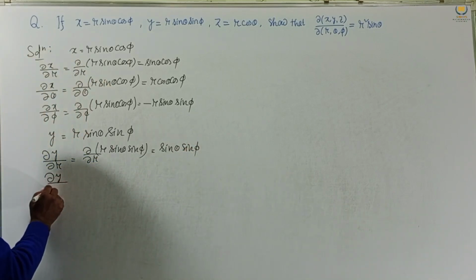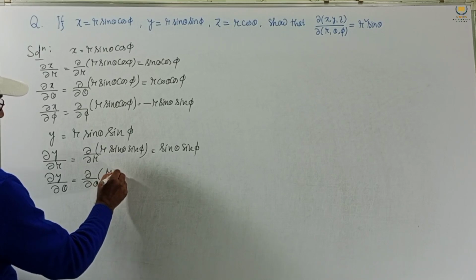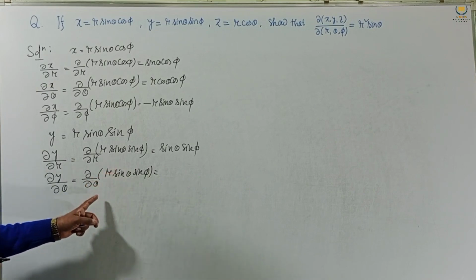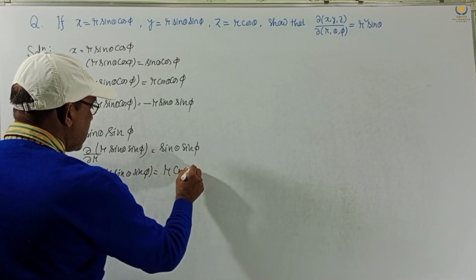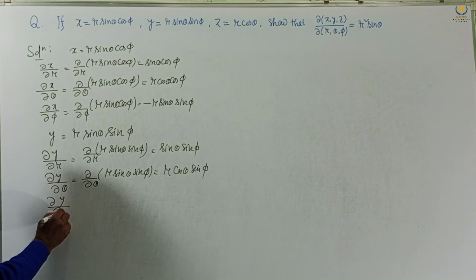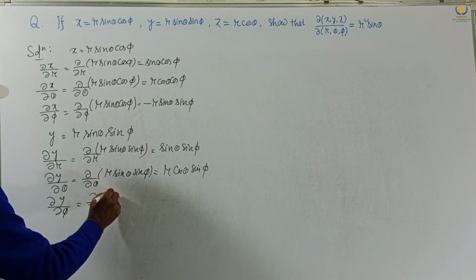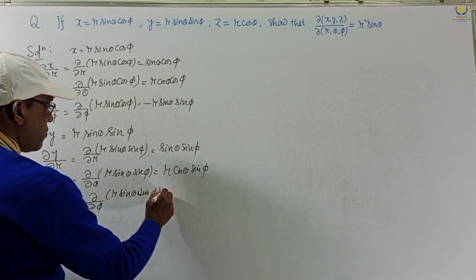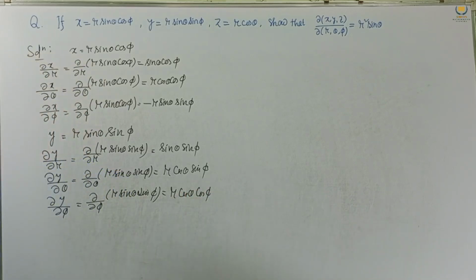Now del y by del theta: the derivative of sin theta is cos theta, so we get r cos theta sin phi. And del y by del phi: del phi of r sin theta sin phi equals r sin theta cos phi.